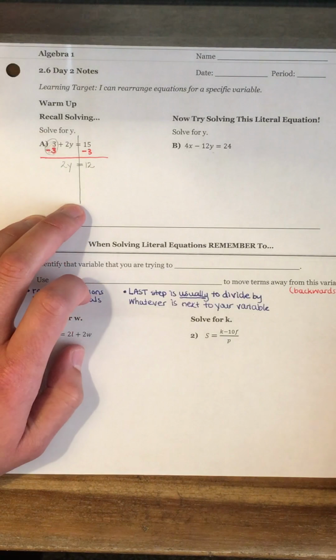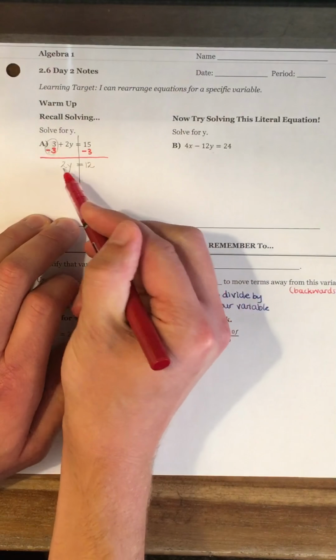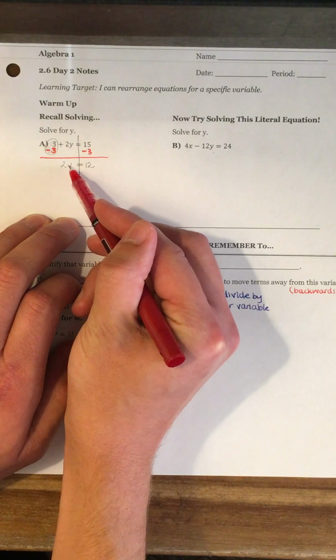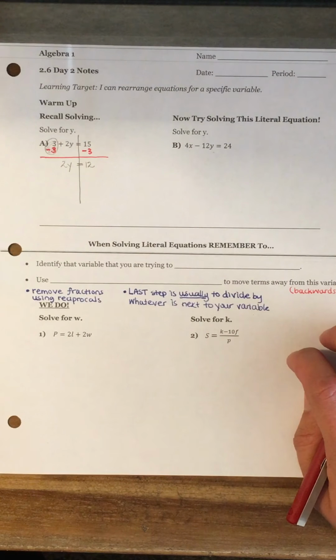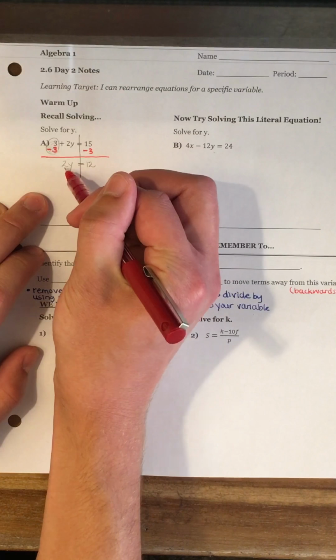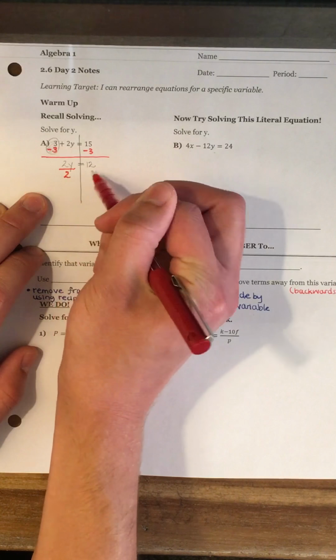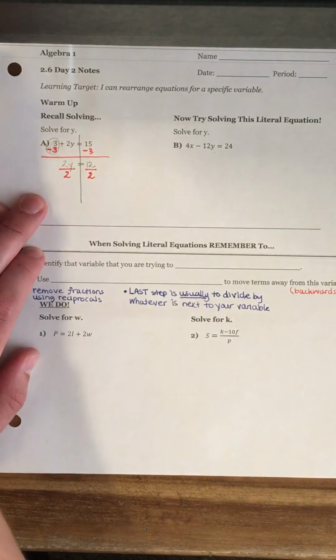I'm not done because y is not by itself yet. I have 2y equal to 12, so I have to undo this 2 in front of my y. Well, this 2, because it's directly in front of my y with no plus or minus in between, it's assumed to be multiplication. So 2 times y equals 12. Well, to undo that multiplication, I have to do the inverse of multiplication. So I have to divide by that coefficient in front of y, which is 2.